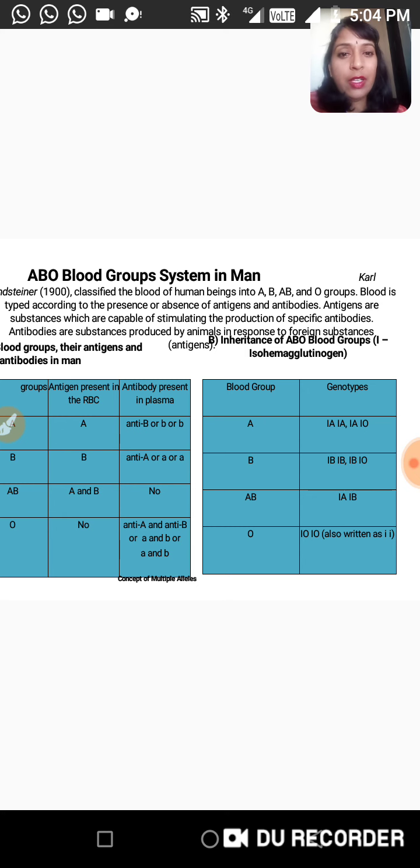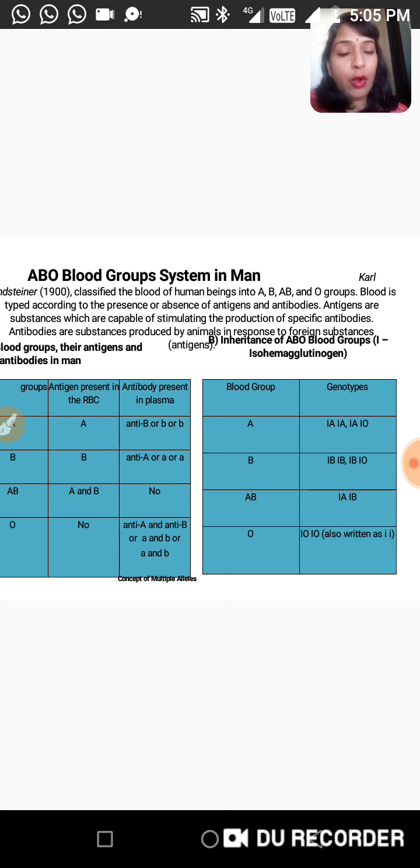Right now there is COVID, right? So coronavirus is also there. Any viruses, bacteria, whatever foreign material enters our body and triggers our immune system to synthesize antibodies, that is said to be antigen.